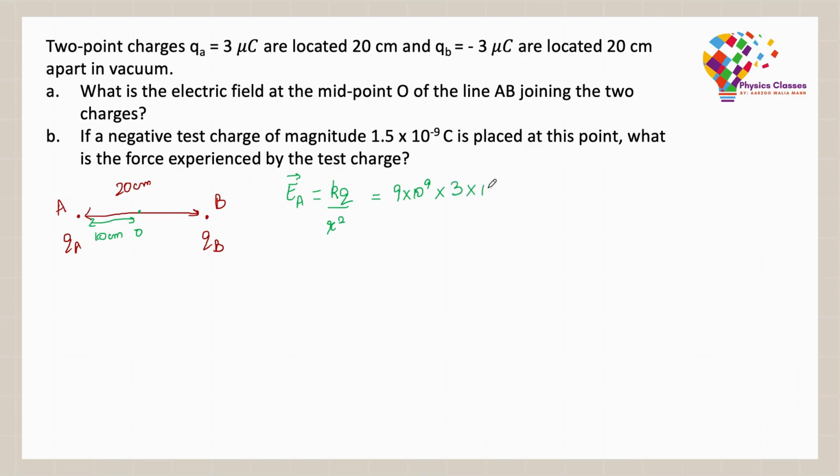And the value of charge over here is 3 microcoulombs, so 3 into 10 to the power minus 6, because I have to convert the microcoulomb into coulombs, divided by the distance, which is 10 centimeters, and in meters it would be 0.1 meters. So 0.1 square. When I substitute this value on the calculator, I get this electric field as 2.7 into 10 to the power 6 newtons per coulomb.